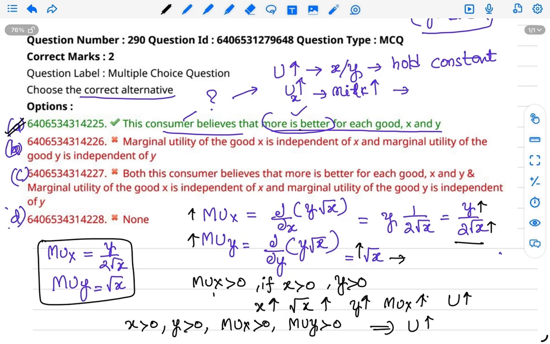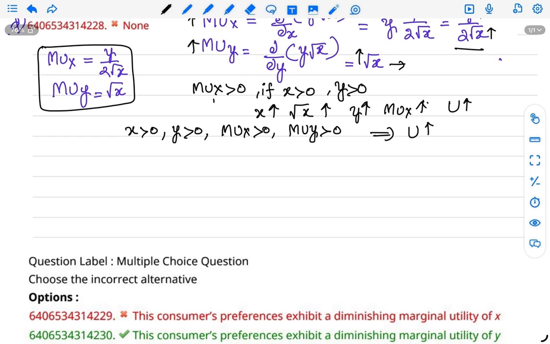And the second option, why is it wrong? It says the marginal utility of the good x is independent of x. But the marginal utility of x equals y by 2 root x, which is dependent on both y and x.